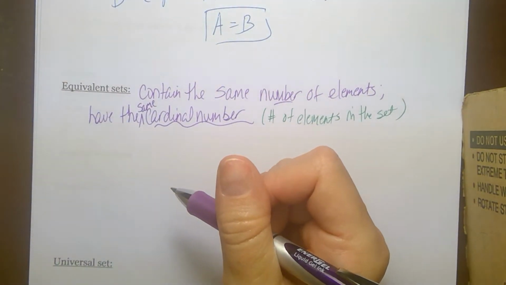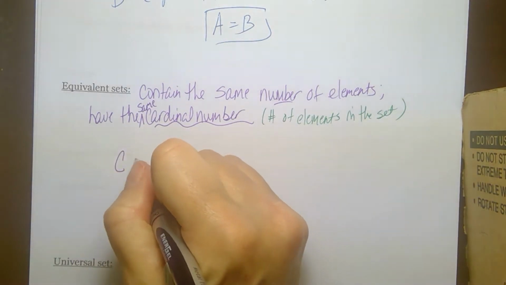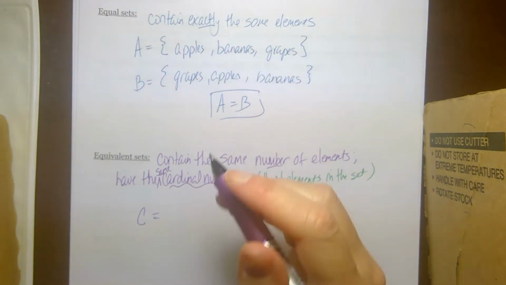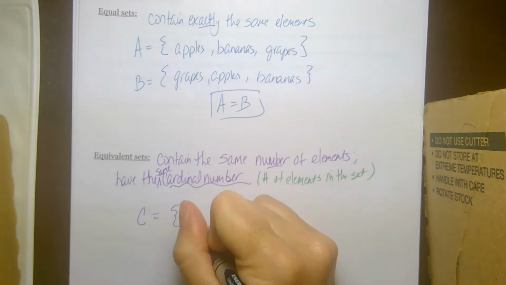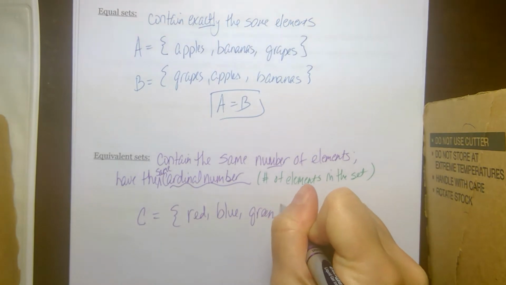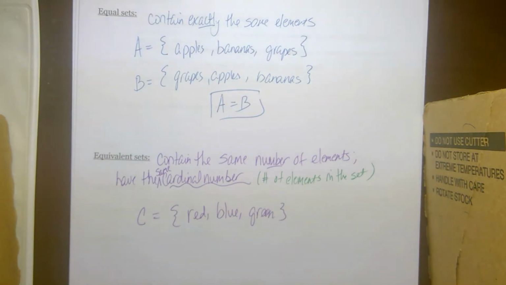So let's add a set C. We've got A and B up above. Now we're going to add a set C, and set C is going to be the set red, blue, green. Okay, so let's think about this.